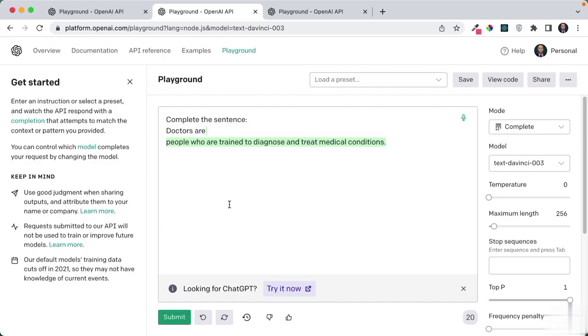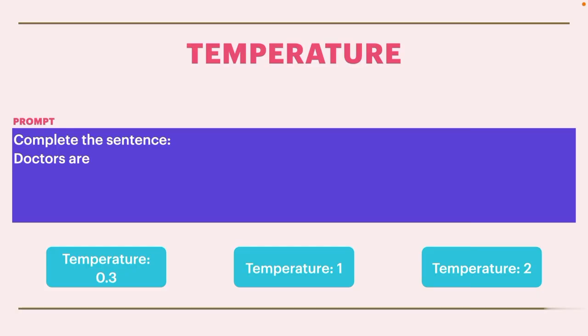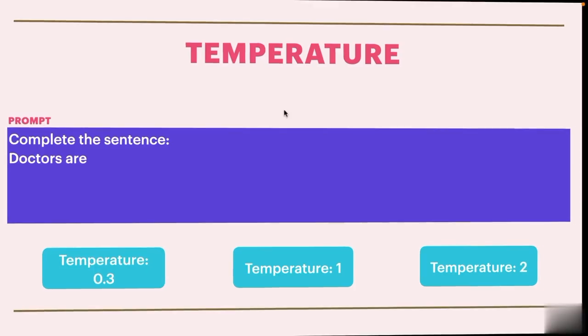The model here selects the most probable completion based on its training data, resulting in consistent outputs regardless of the repeated prompts. To conclude, we can say that a higher temperature increases randomness, resulting in more diverse and creative responses. A lower temperature makes the model focus on tokens with higher probabilities.